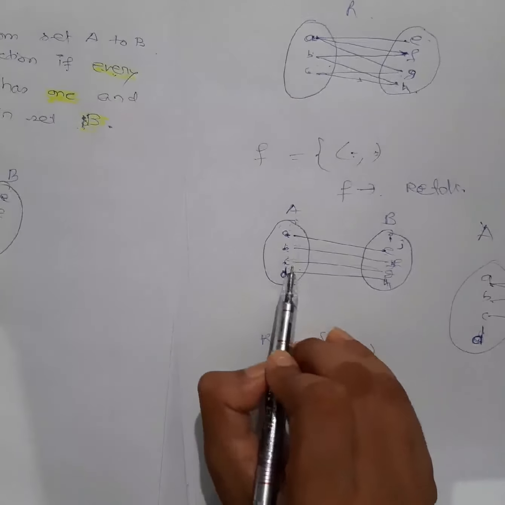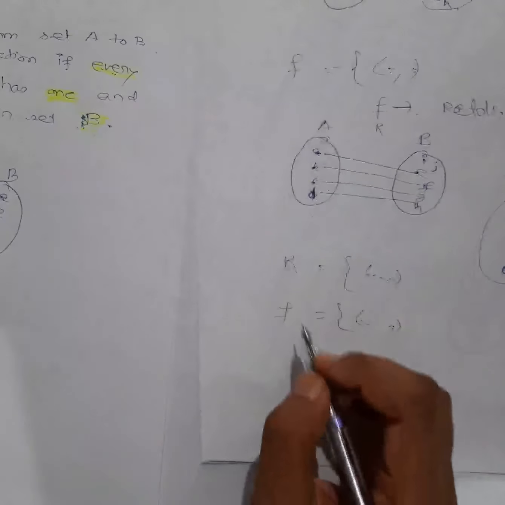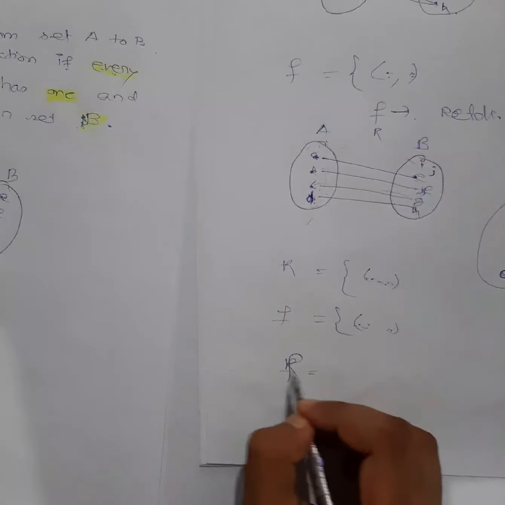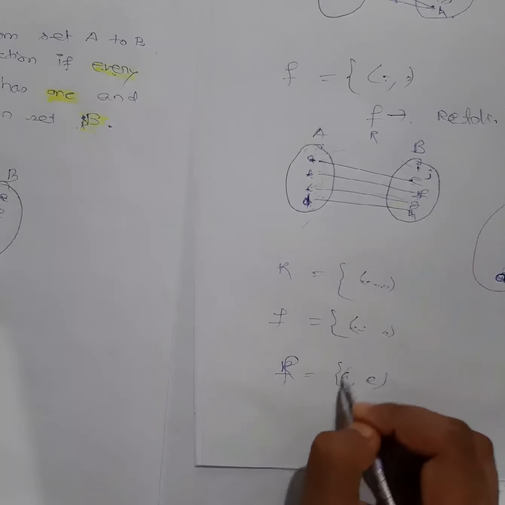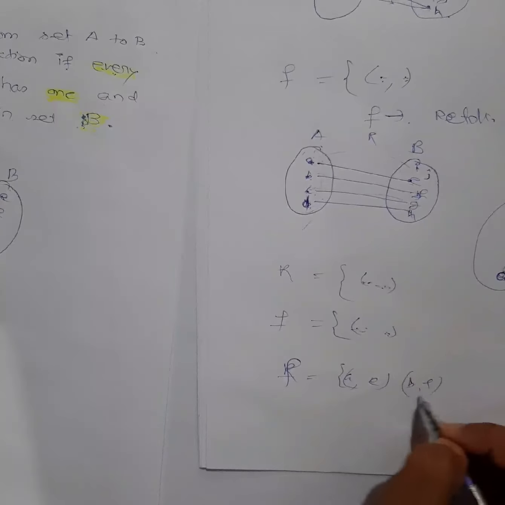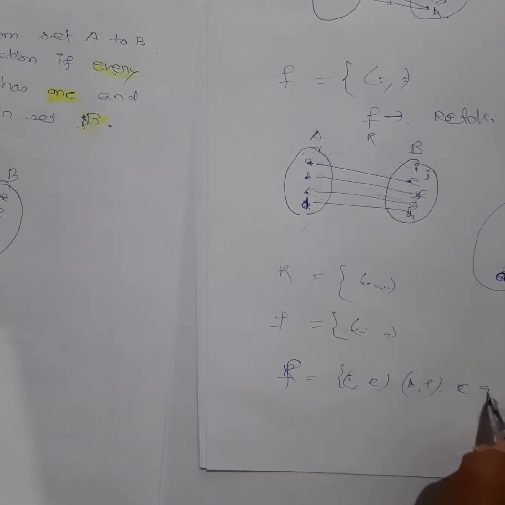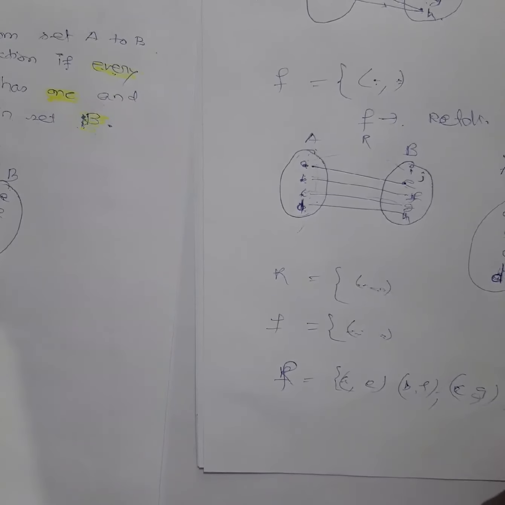If it satisfies these two conditions, then that relation which you are defining, where whatever set you will write down here, F I will write, okay, A, E, B, F, then C, G, okay, then D, H.